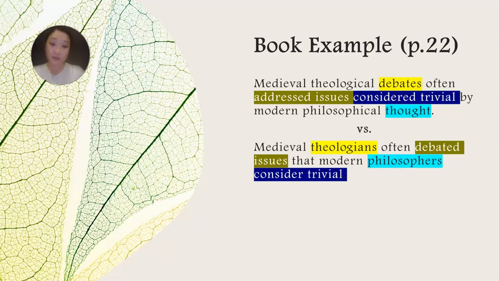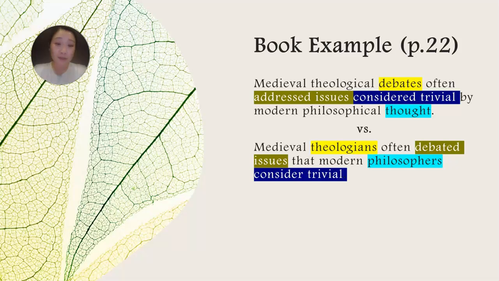And we see there that's where the second half gains its clarity. It changes the philosophical thought, modern philosophical thought, to the modern philosophers, who, when considering things trivial, it's insinuated then, right, that if the philosophers are considering things trivial, they are thinking, they're producing thought.